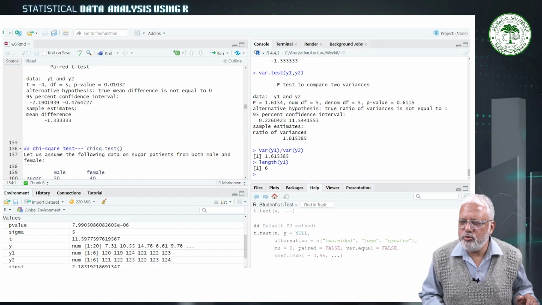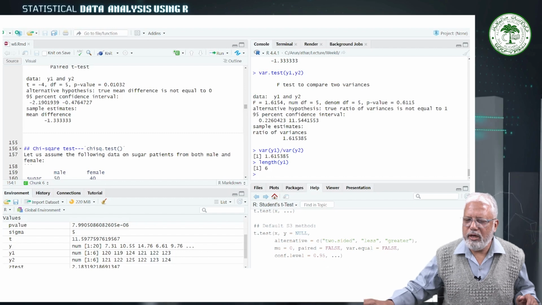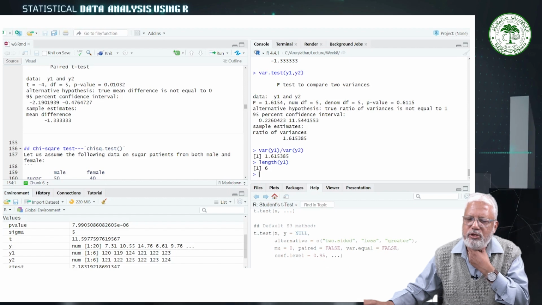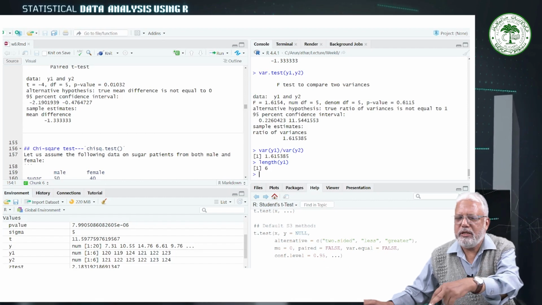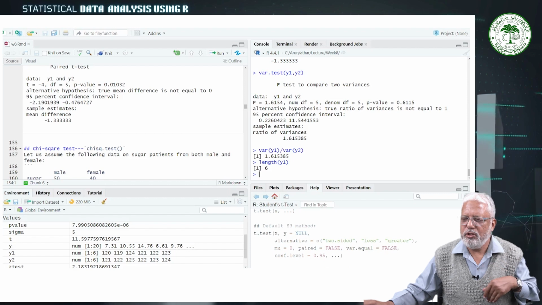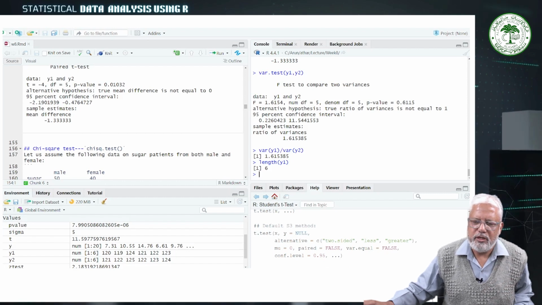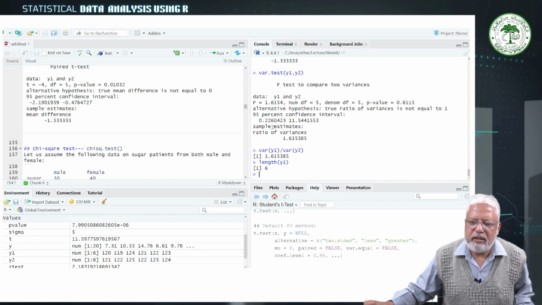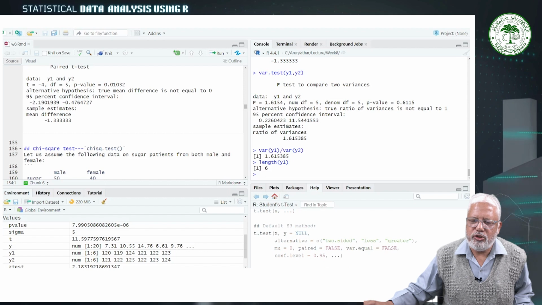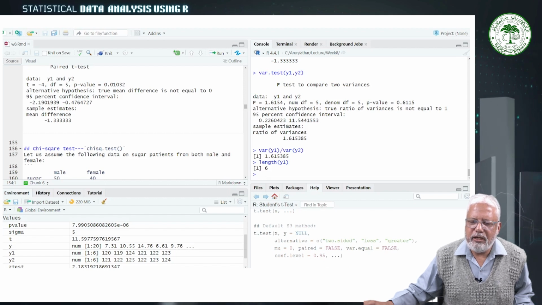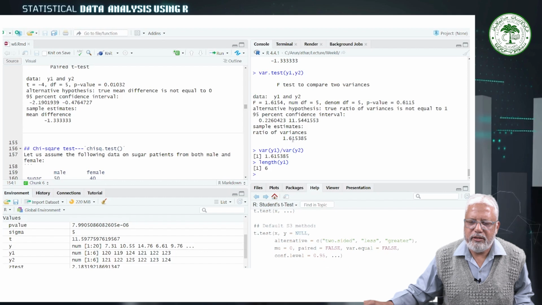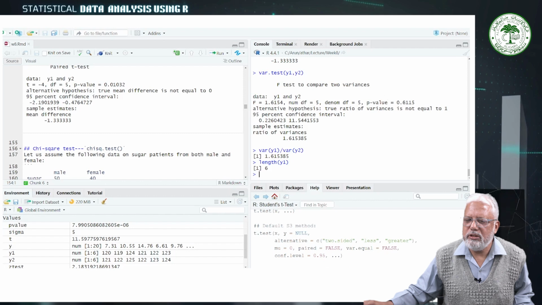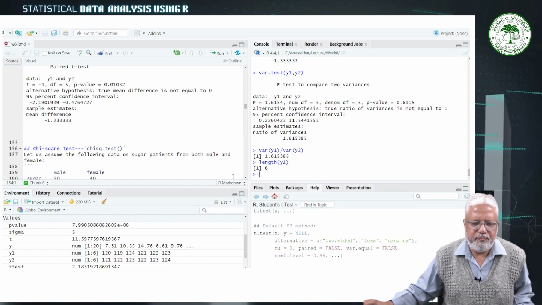Either you say sigma 1 square is equal to sigma 2 square, or we can say sigma 1 square divided by sigma 2 square is equal to 1. And this confidence interval contains 1. So, that means our H naught is not being rejected, it is accepted. And this is the value of the statistic, and this is the value of p.